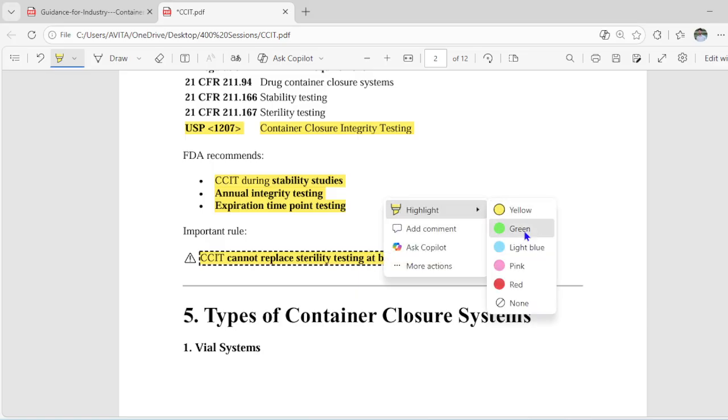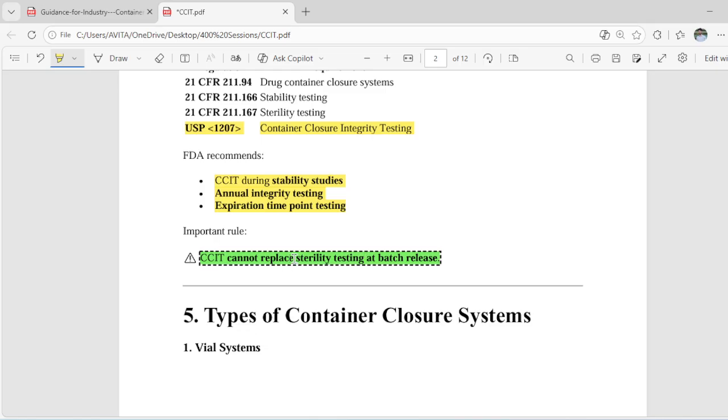At batch release, you have to perform the sterility test. There is no alternative as a container closure integrity test. For the other conditions you can use the container closure integrity test, but not for the batch release test. At that time, you have to perform the sterility test as well as the container closure integrity test.